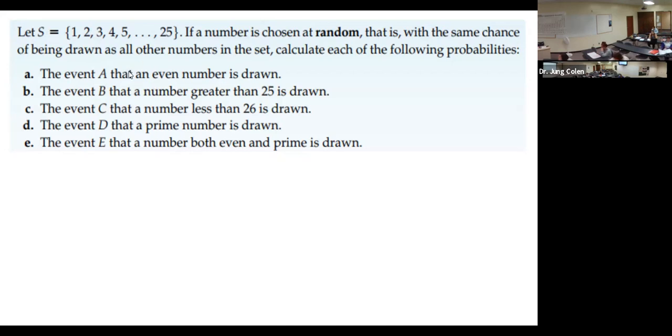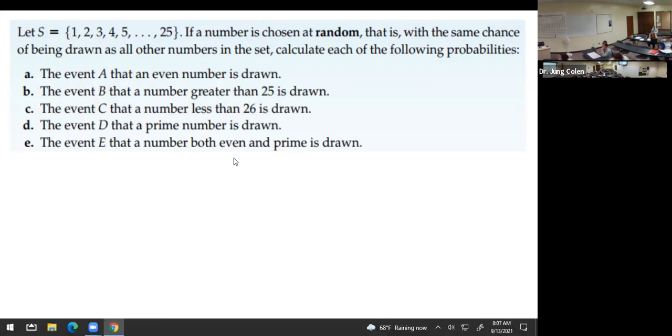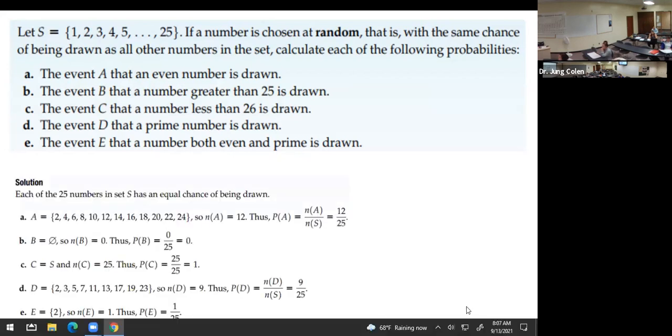So an even number is drawn, how do we write the probability for that? We are doing probability of A, that an even number is drawn, right?